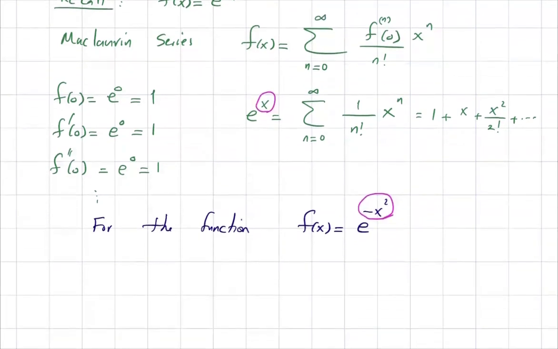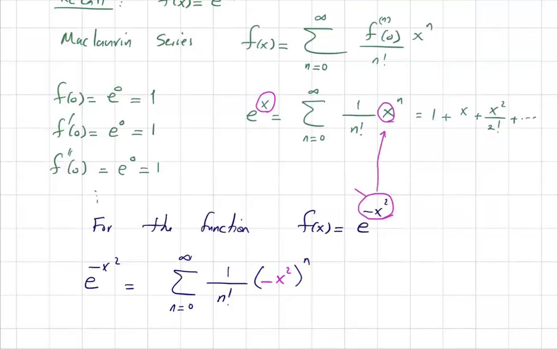Let us begin. e to the power negative x squared is equal to the summation of 1 divided by n factorial, but your x has now become negative x squared to the power n, starting from 0 and going to infinity. So wherever you see x, you're going to use negative x squared.